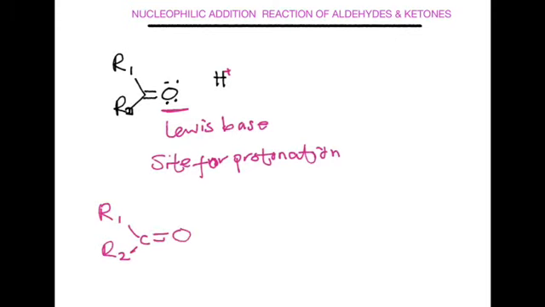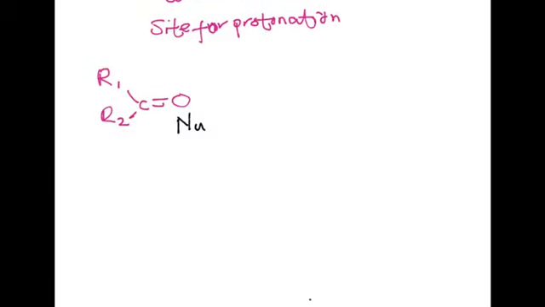What usually happens is we have our nucleophile, and always remember that the nucleophile has electrons. It is negatively charged. And so we have our carbon, we have our R group, and then another R group pointing away, and this carbon is doubly bonded to oxygen.